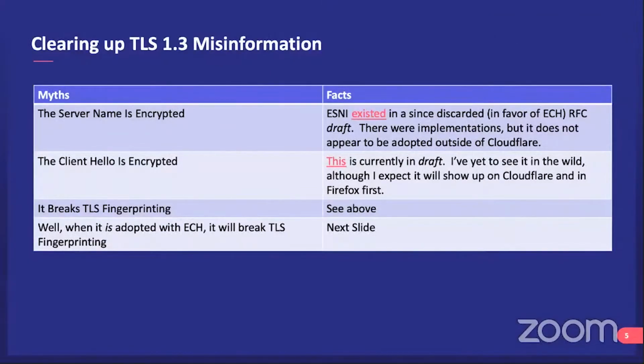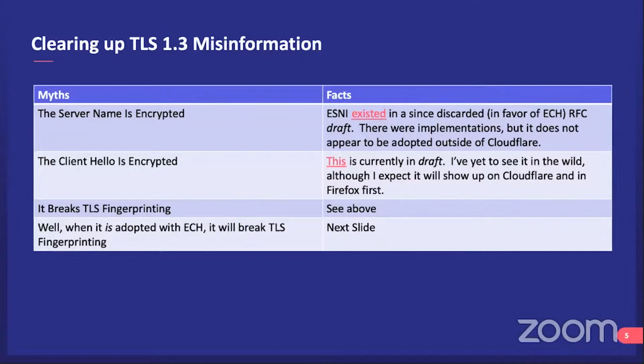So TLS 1.3. This is one of the more important things that I think we need to talk about when talking about encrypted traffic analysis. There are a lot of blog posts and articles talking about TLS 1.3 in a very doom and gloom way with respect to detection, or maybe they're just talking about encryption as doom and gloom with respect to detection.